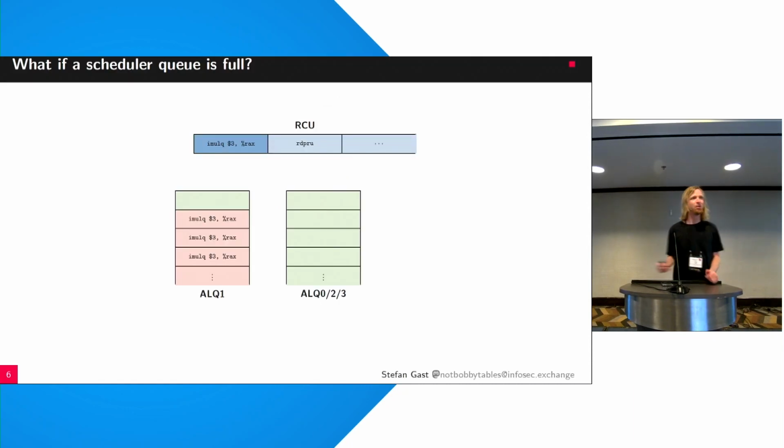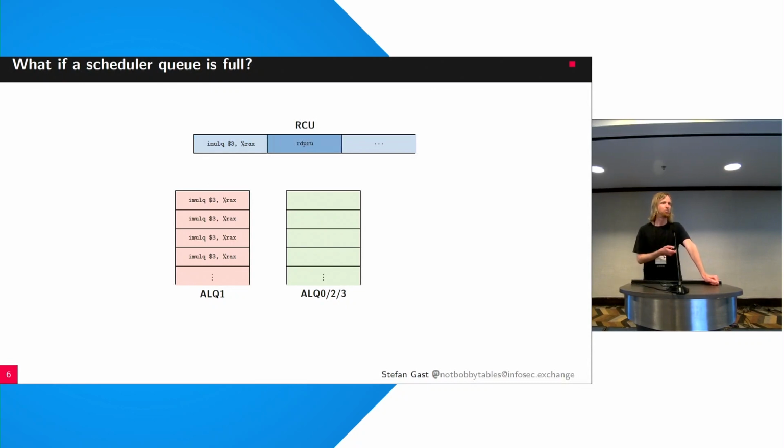To put it into more technical terms, what happens here? In the first case, we see in the retire control unit one operation, one multiplication, that can go into the scheduler queue for ALU1.